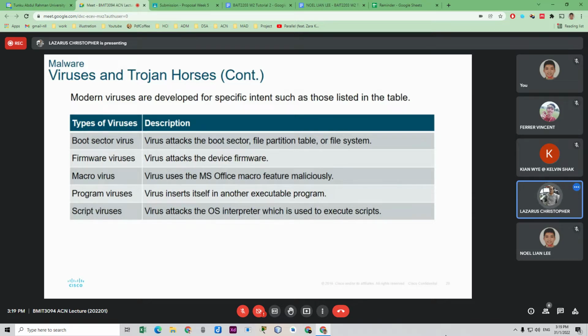Then we know that Office applications have macro capability. That means they can run scripts, and these scripts provide extra functionality, whether to your Word document or your Excel spreadsheet, and this kind of virus actually runs inside your Office.